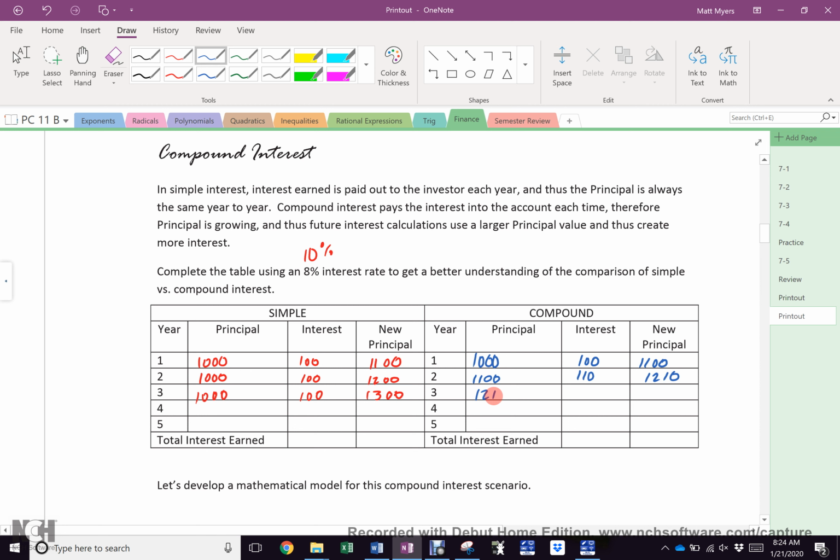That goes down here. Now I get $121. And I go up to 1,341. Now I get $134. And I go up to 1,475.